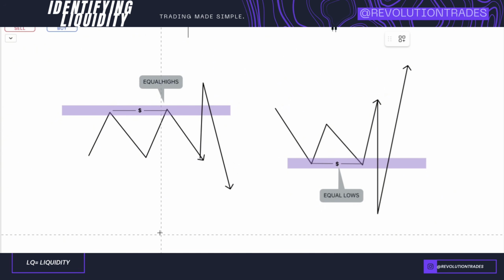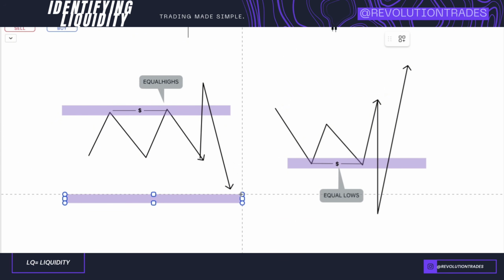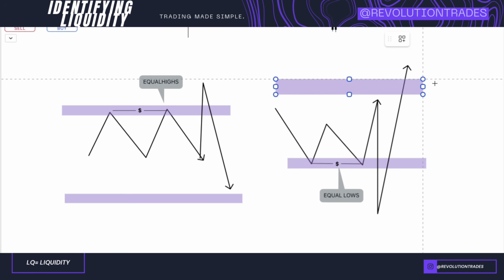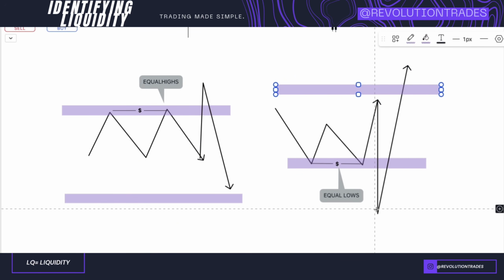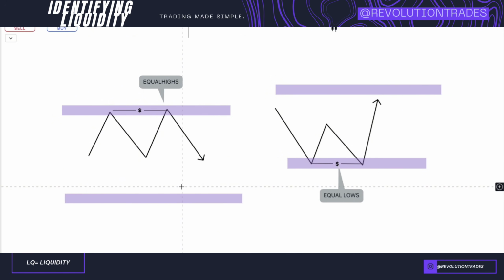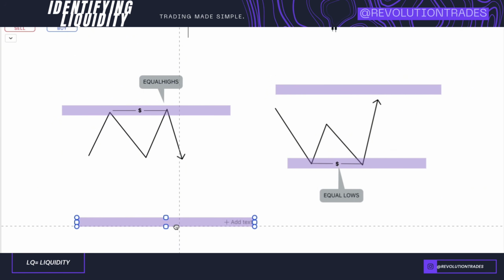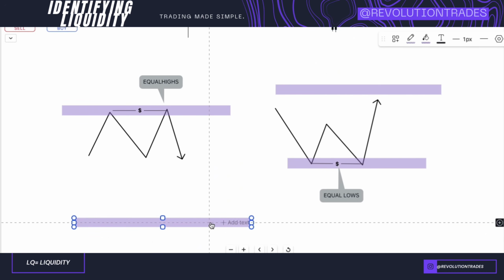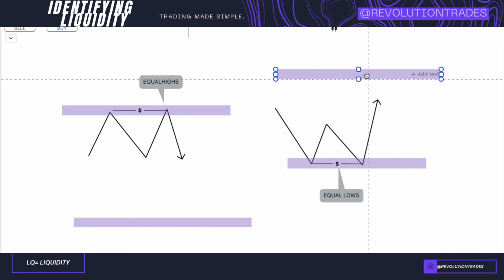So you can actually use this to your advantage, guys. Let's just say you're at a support zone in this example. You're at a resistance zone in this example. I just want to delete this. Okay, so you see this here, and this is your POI right now. Price is down here. For this example, price is up here.